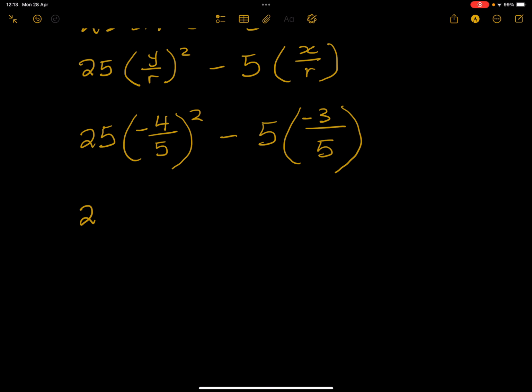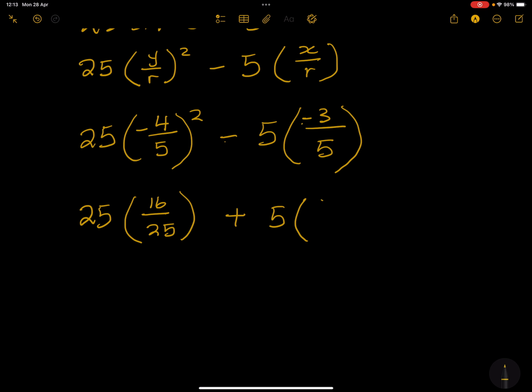So we end up with 25 into 16 over 25 when we square that, minus 5 times negative 3 over 5. A negative times a negative gives us a positive, so we have plus 3 over 5.